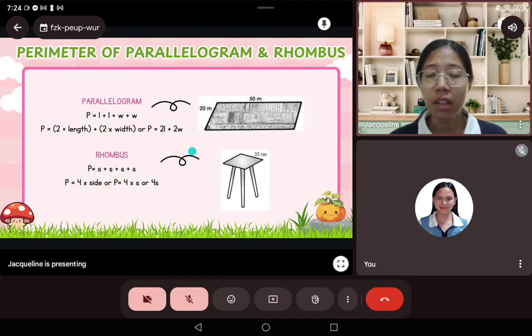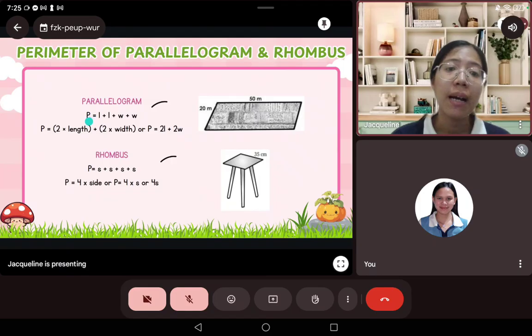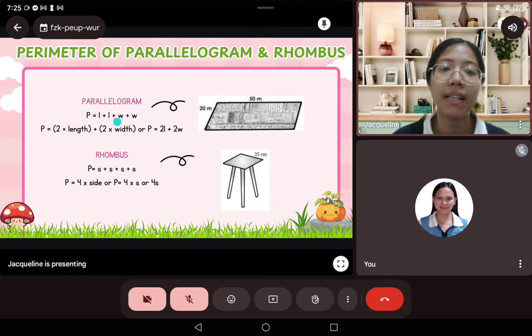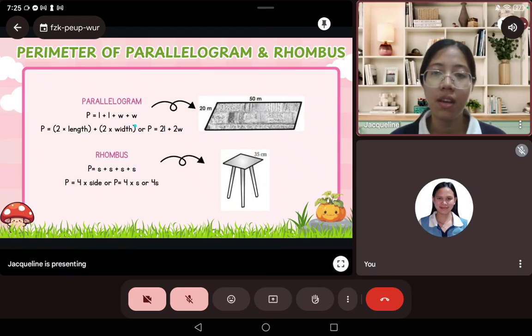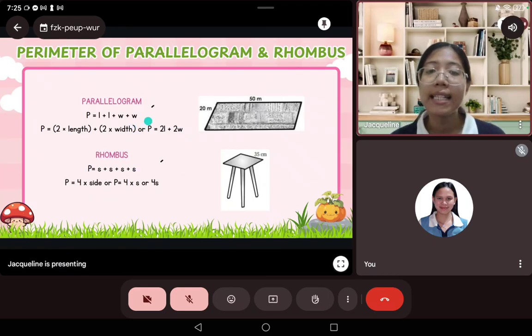Alright, so for our parallelogram, class, in order for us to calculate or help Mang Pedro build his fence, we need a formula. We have here P equals L plus L plus W plus W, where L stands for length and W stands for width. But to make it easier, class, we have another formula.